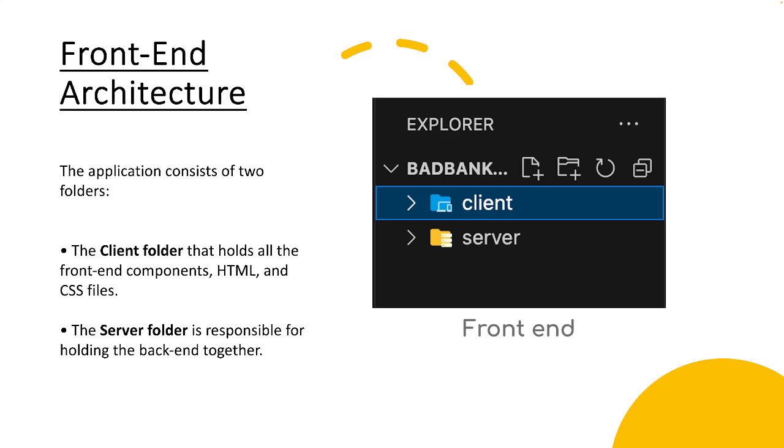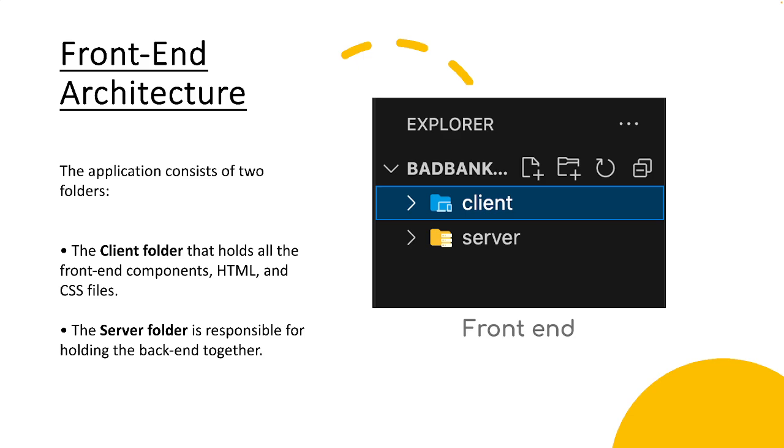So this project mostly consists of 2 main folders, the client and the server folder. The client is basically the front end, what we're going to be focusing on in this video, and what the client folder consists of is everything the user interacts with, everything they see on the page, from the navigation bar at the top, the create and login forms, their deposit forms, basically everything they're going to be clicking and typing into.